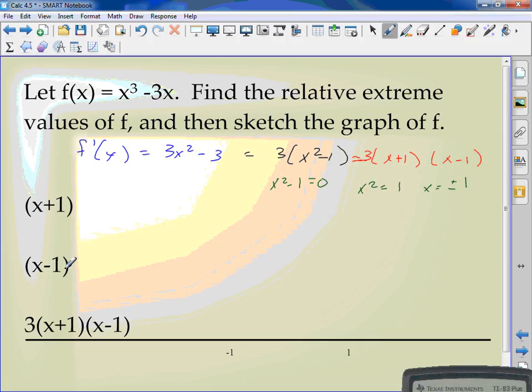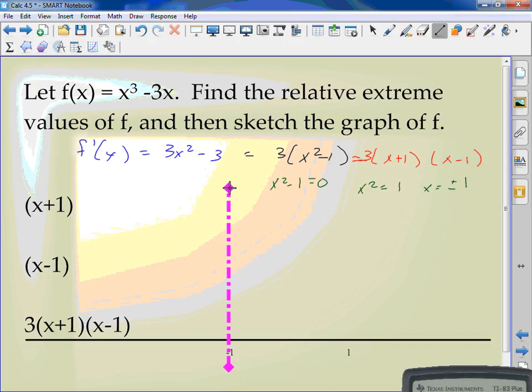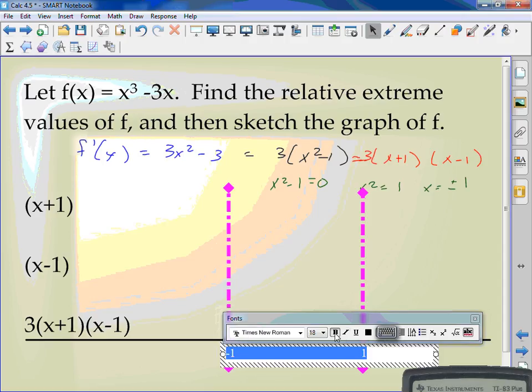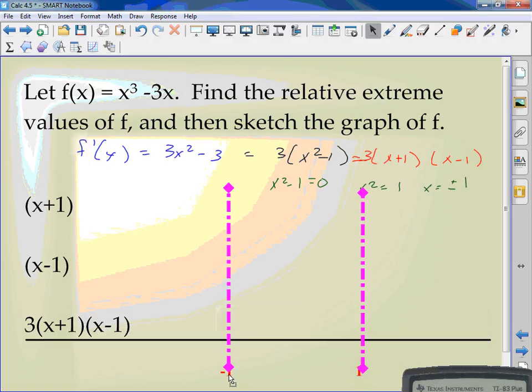I had x plus 1, x minus 1, and then the original, the whole entire thing. There, it makes it easier to see at least.